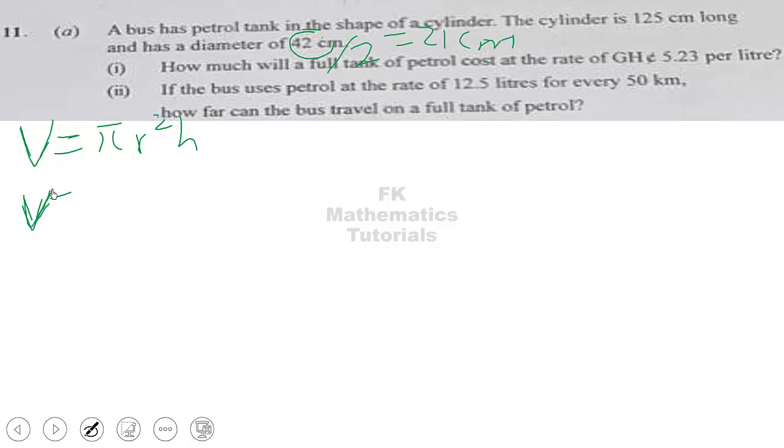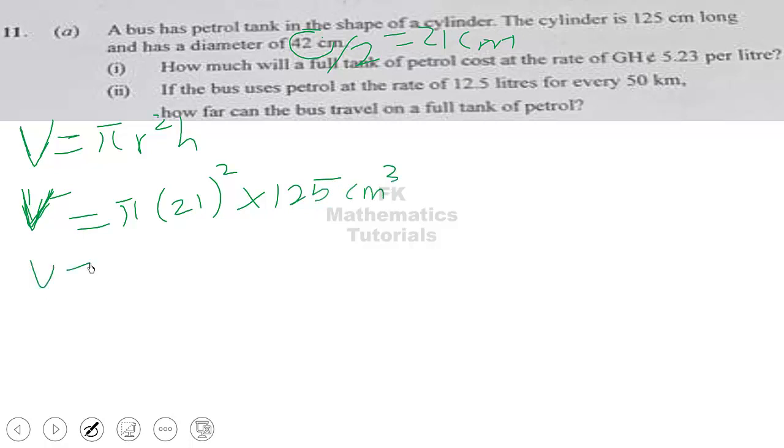equal to pi times r squared, which is 21 squared, times h, which is 125 cubic centimeters.